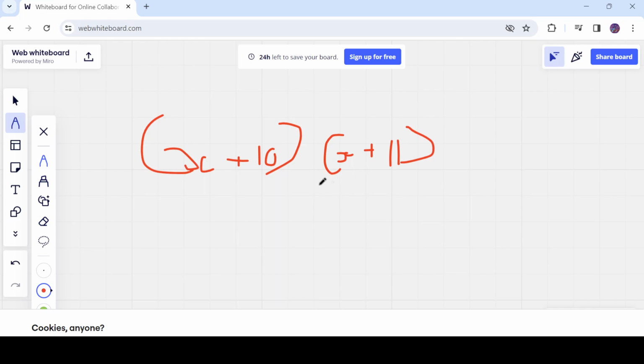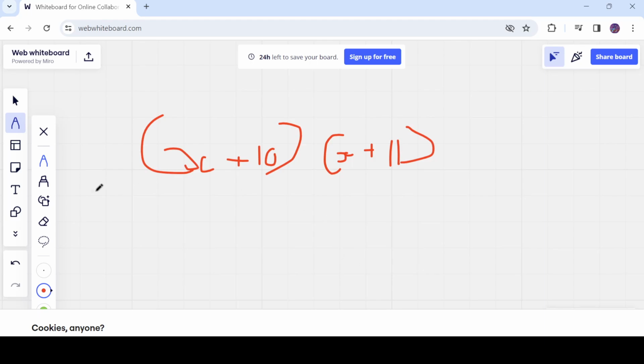In this particular case, I used an identity to solve that quickly. I already knew the value before I even wrote the question by using the identity (x plus a) into (x plus b) is equal to x squared plus (a plus b)x plus ab.